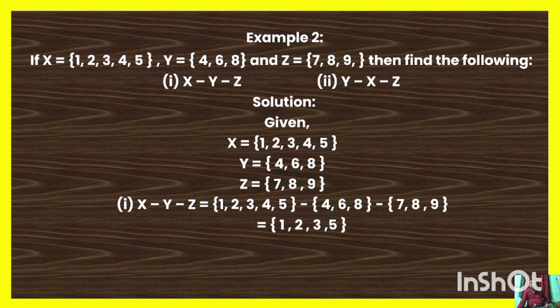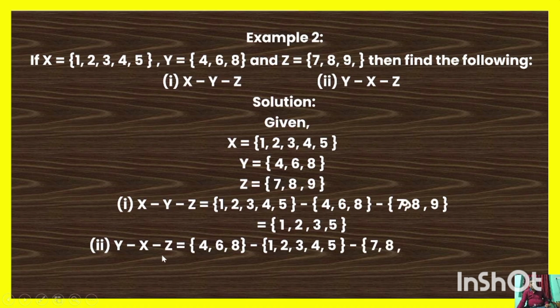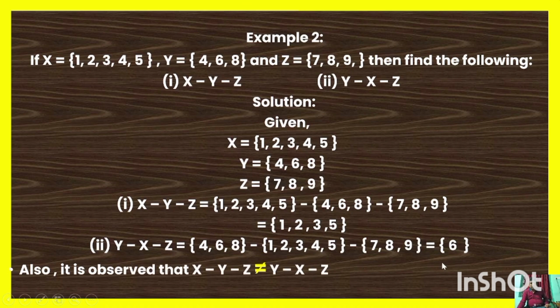These are the elements 1, 2, 3, 5, and these elements are only in x but not in y and not in z. Similarly, y minus x minus z, y difference x difference z, those elements are only in y but not in x and z, which is 6. The 6 is the only element in y but not in x and z.